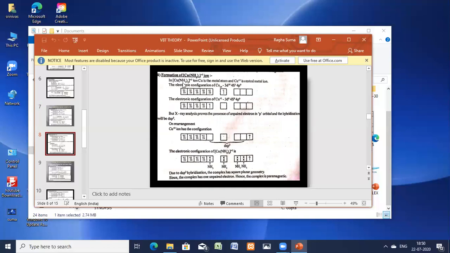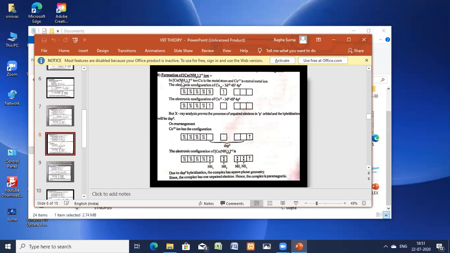Now, in the copper tetraammine cationic complex, copper is the central metal atom with 4 ligands, so the coordination number is 4. It can be tetrahedral or square planar, but if the hybridization is sp3, then it is tetrahedral. Here the hybridization is dsp2, therefore it is a square planar complex.